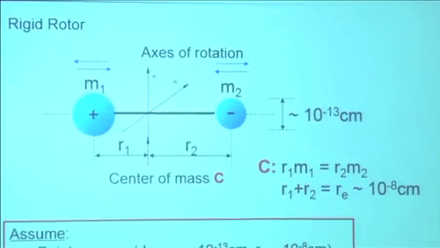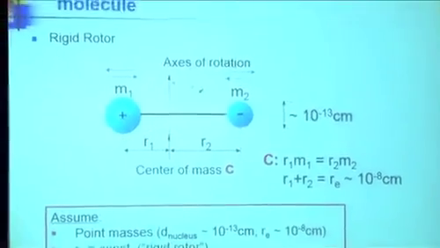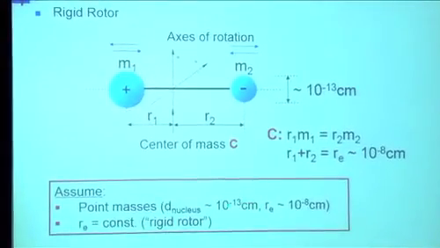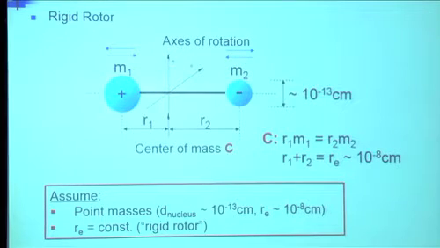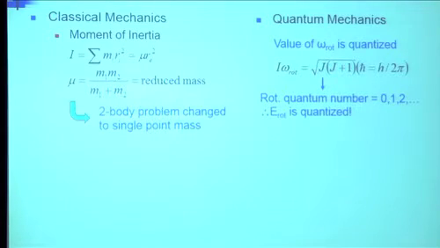So you assume point masses, the diameter of the nucleus is a real small number. And anyway, the idea is that because this is a constant and it's massless, we immediately can introduce the moment of inertia. So what does classical mechanics tell us?